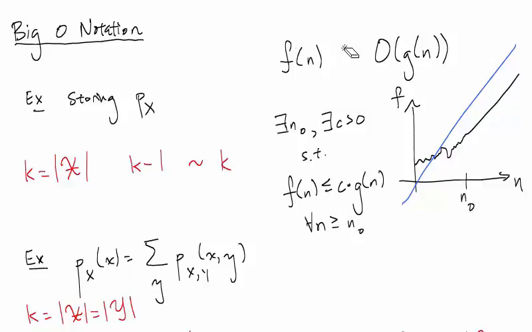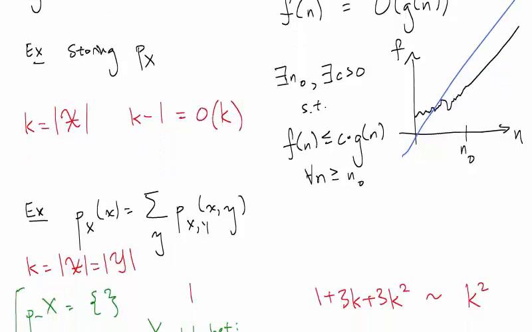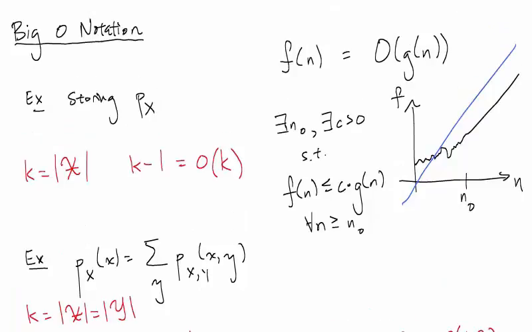But it is very conventional for people to just write f of n equals O of g of n. So going back to our examples, we can of course write that k minus 1 is O of k, and 1 plus 3k plus 3k squared is O of k squared. So that is big O notation in a nutshell.